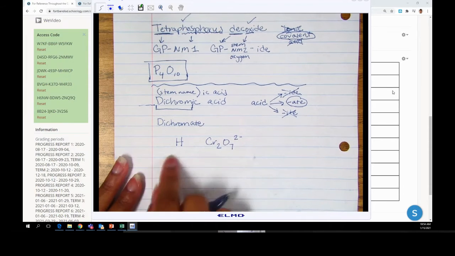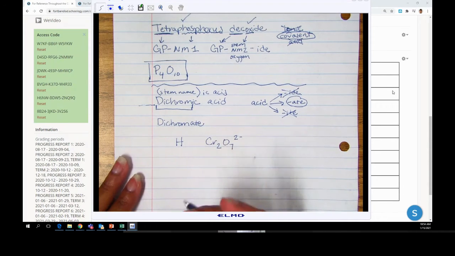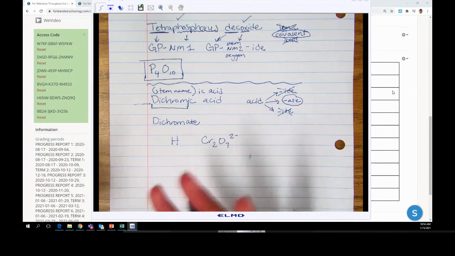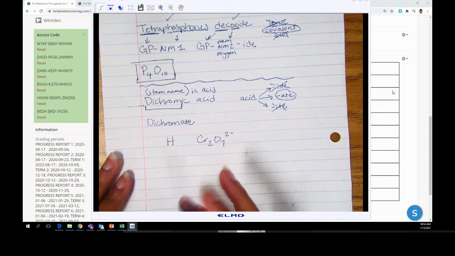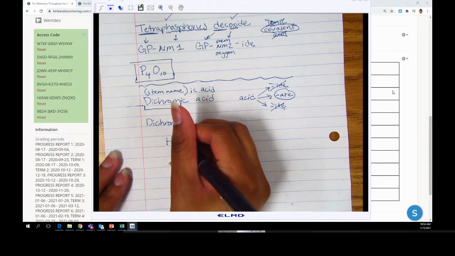So acids are special. One of the things that they'll do is they'll ionize in water, which means that the compound, the acid itself, will break apart into 2 ions. The ion that we see for hydrogen is a hydrogen 1+.